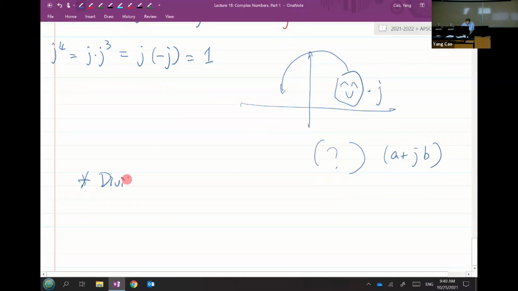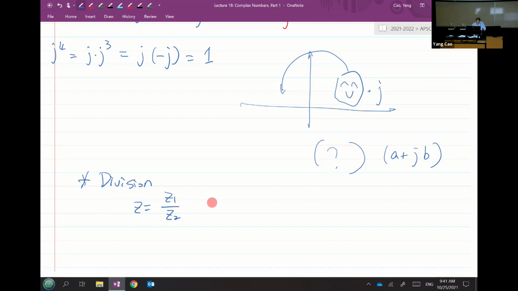All right, so now let's take a look at the concept of division as an operation: a complex number divided by another complex number. Just like multiplication, when you multiply two complex numbers together, you get another complex number, and when you divide complex numbers, you're supposed to get another complex number, right? That's the bottom line.